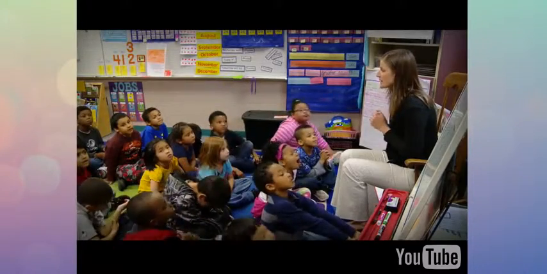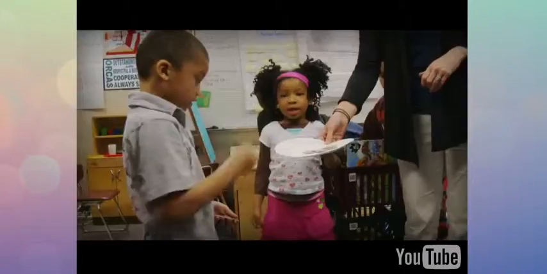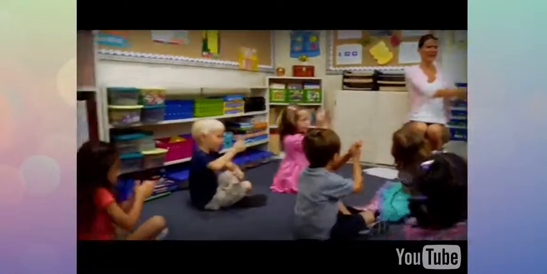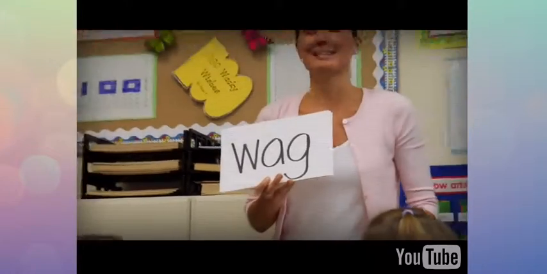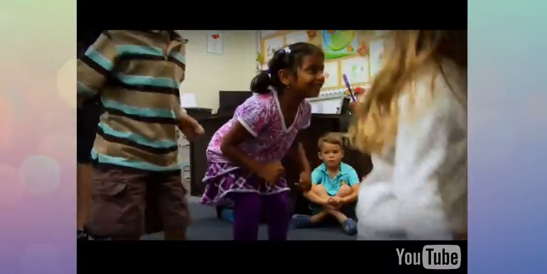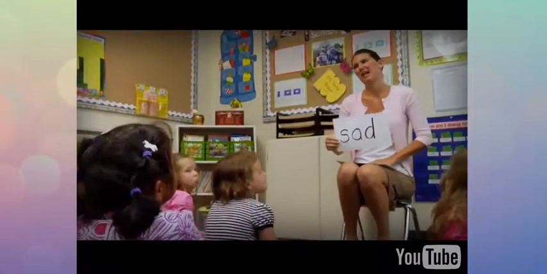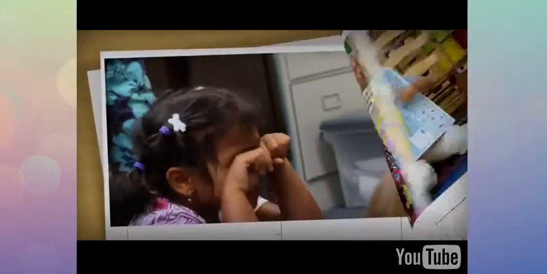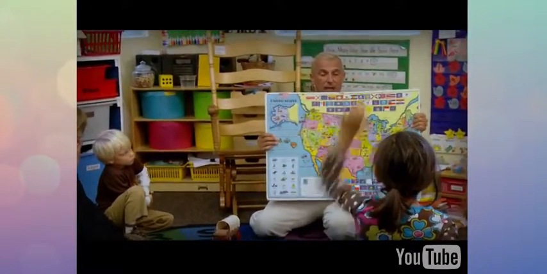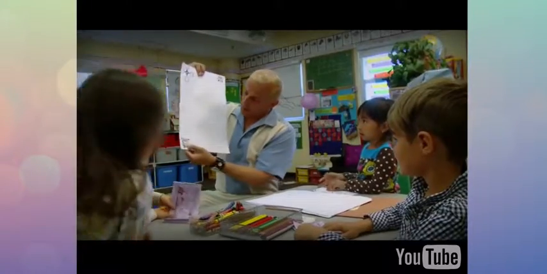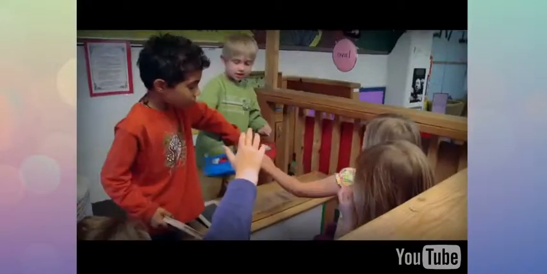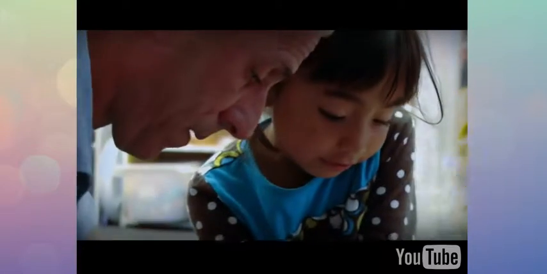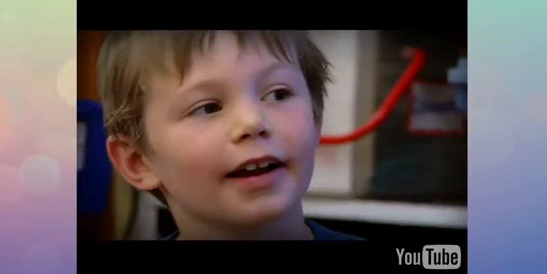You and your partner need to decide how we're going to count. 2, 6. You'll also see a playful approach to Common Core literacy. Wow! As students learn to read new words and then act them out. Sad. Show me your sad face. Like you're about to cry. So, where is this, Alani? America. And watch how this teacher incorporates tactile, auditory, and visual learning into a very entertaining social studies lesson. All the things that they play with are experiences that make them think.